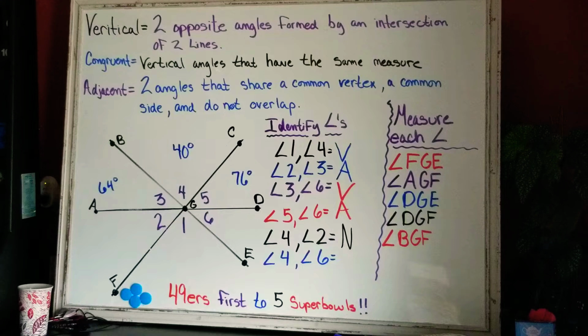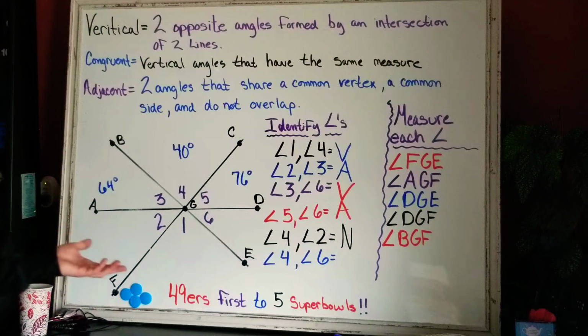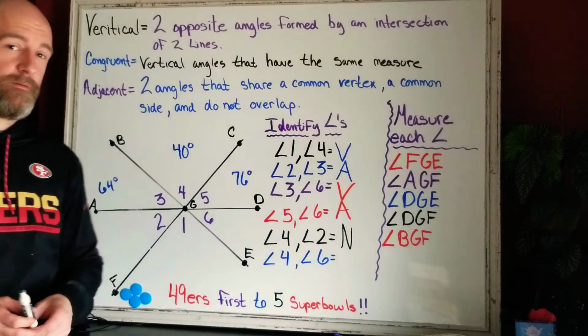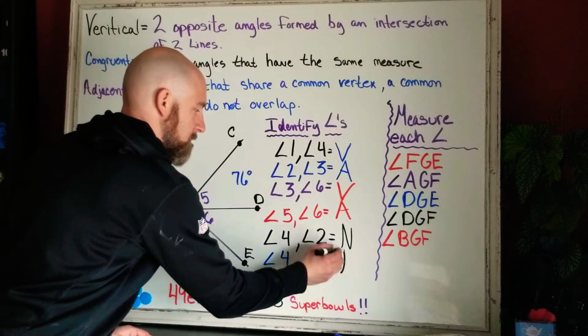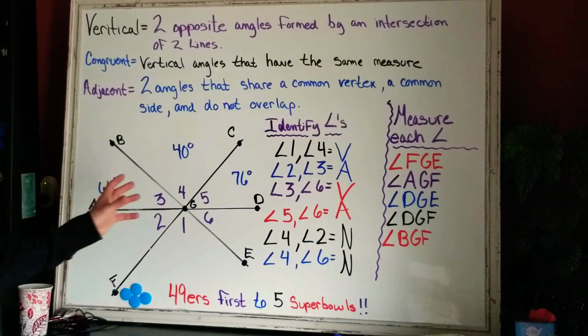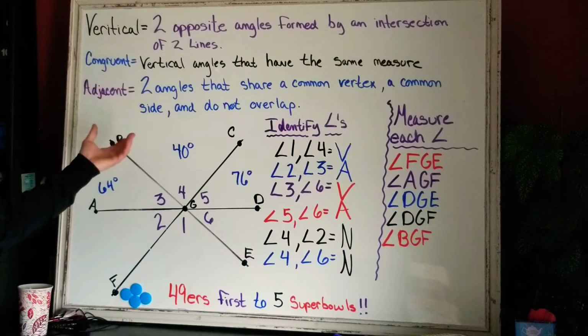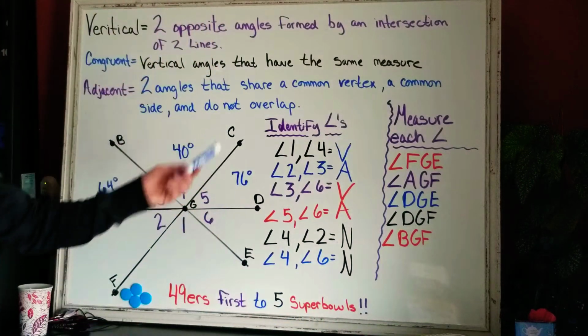What about angle 4 and angle 6? 4 and 6. Are they vertical, adjacent, or neither? We're going to go with neither again. All right. So hopefully that clarifies how to identify different angles, if they're vertical or adjacent or neither to each other. We're going to move on to measuring each angle.